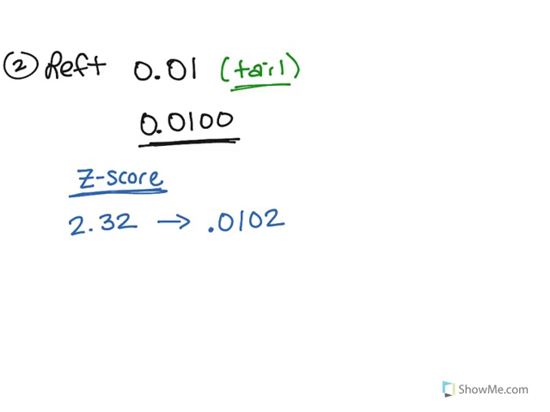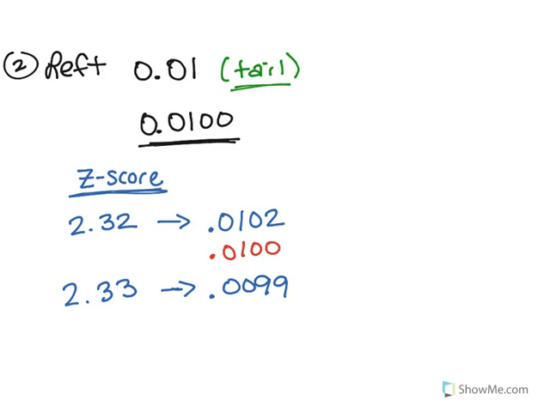So this is what you do. I'm looking for 0.0100, but the first number that comes in the 100 range is 0.0102. You look at where 0.0100 would fall in between. If you look at 2.33, you will see this is where 0.0100 would fall if it were on the table.